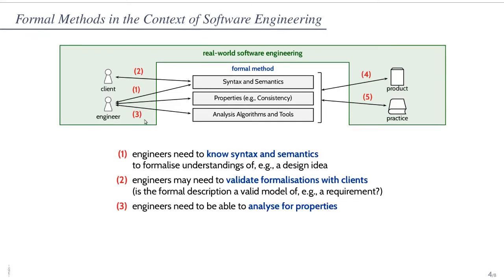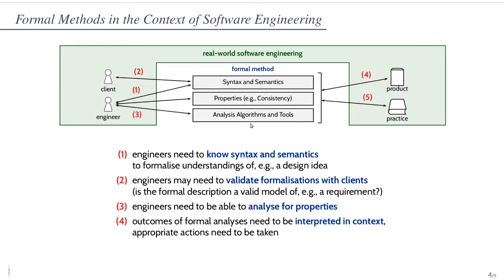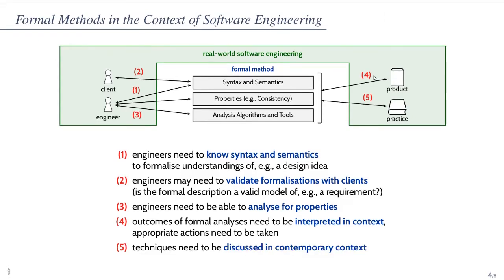Then our software engineers need to be able to operate these algorithms and tools to analyze models. And most importantly, the outcomes of such analysis need to be interpreted with respect to the product under construction, and the engineers need to know what are appropriate actions to be taken. And finally, as I said, we want to discuss formal methods in the context of today's mostly informal software engineering.